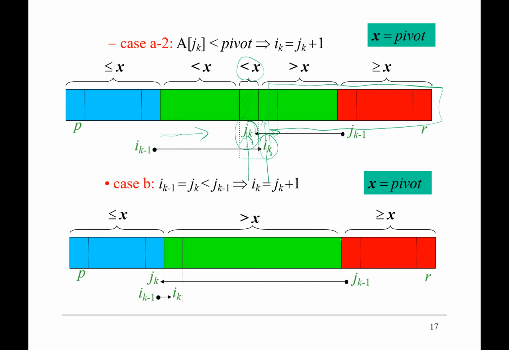Another case corresponds to when j_k decreases and the whole right region increases, and it meets the end of the blue region. In that case, also, i_k is equal to j_k plus 1.